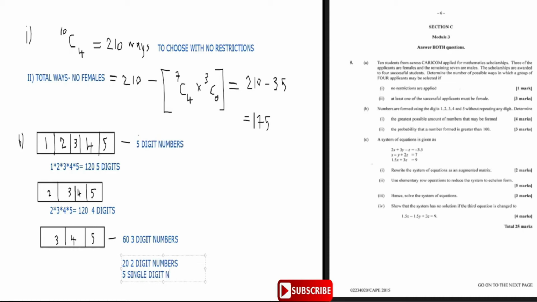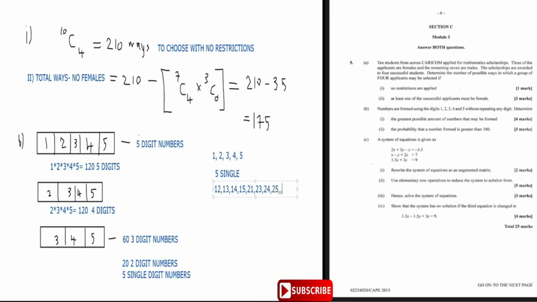If you're not following, I'll give you some examples to make you understand why this is so. Remember, we're choosing from 1, 2, 3, 4, and 5. How many single-digit numbers can you get? Only 5 single digits. And how many 2-digit numbers can you get? You can get 1, 2; 1, 3; 1, 4; 1, 5. You can get 2, 1; 2, 3; 2, 4; 2, 5.